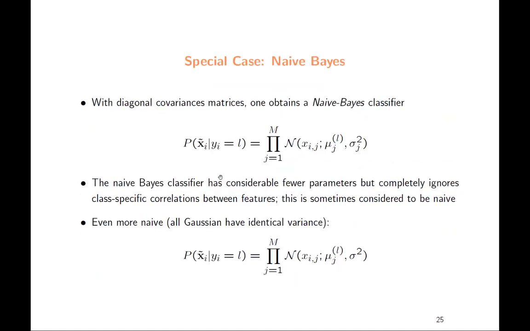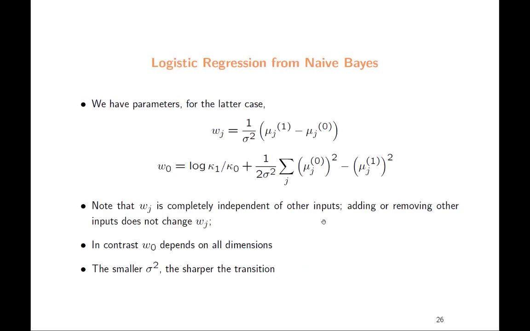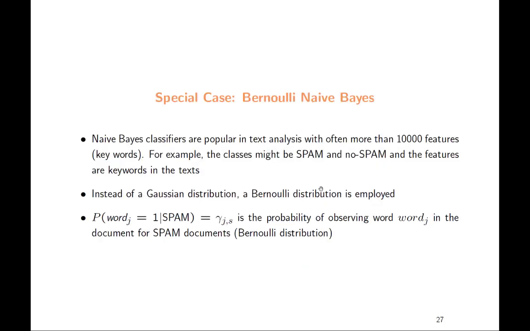Yeah, and then we have special cases, which are the naive Bayes classifiers for the Gaussian, where in the extreme case we assume every dimension is independently Gaussian distributed, but they all have the same sigma square. And then we also get a linear sigmoidal classifier when we decide on the class boundaries. And another important naive Bayes classifier is the Bernoulli distribution, which applies for binary features.